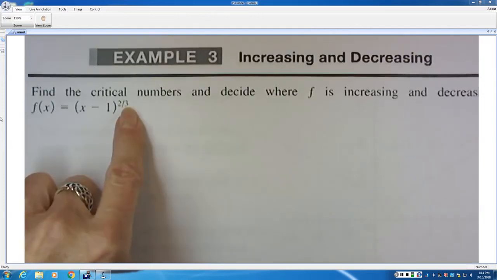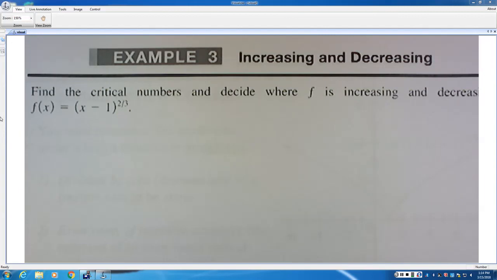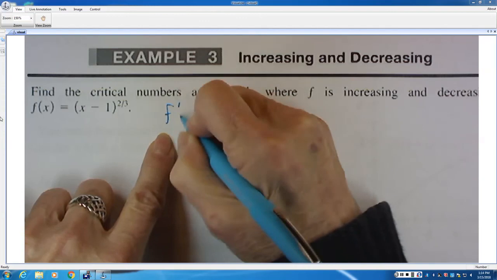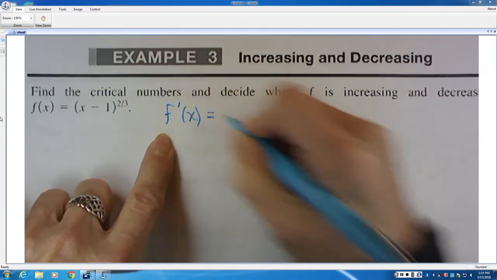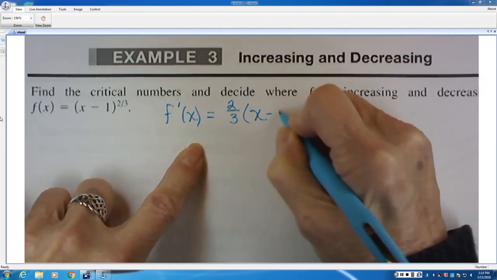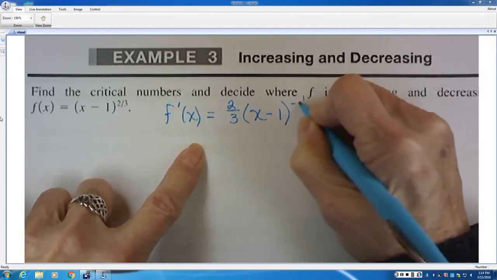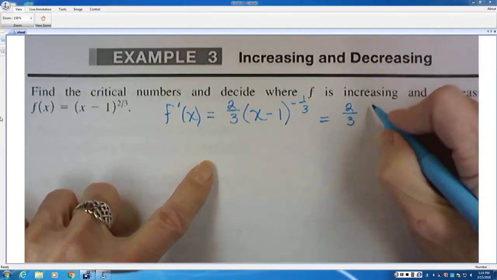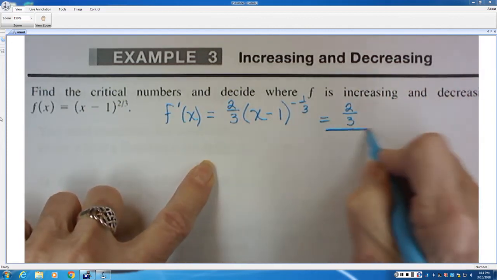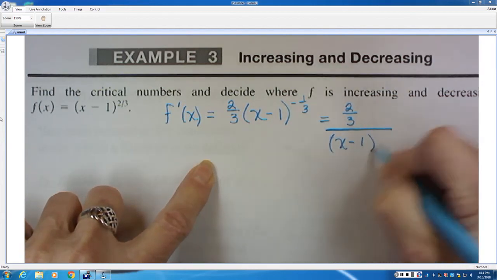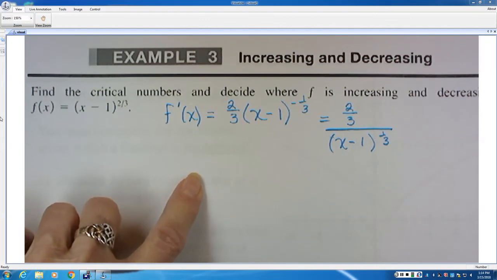Find the critical numbers and decide if f is increasing and decreasing, if f of x is this function. Now I'm going to put in some algebra steps here.